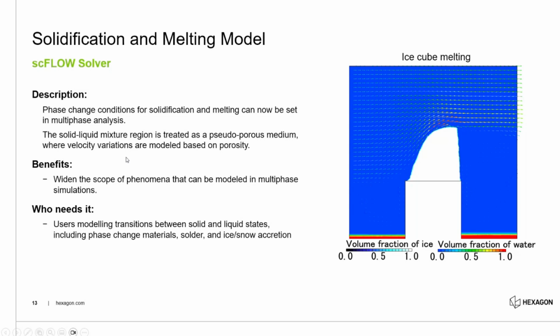Just a quick slide. I've added some changes to phase changes, so conditions for solidification and melting can now be set. So you can now run a simulation where the ice melts, causes a liquid, and possibly even evaporate, if you're interested in that as well.